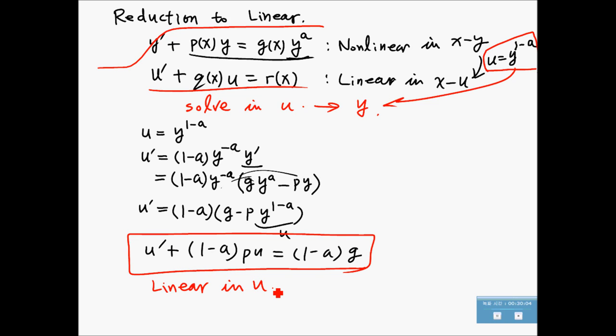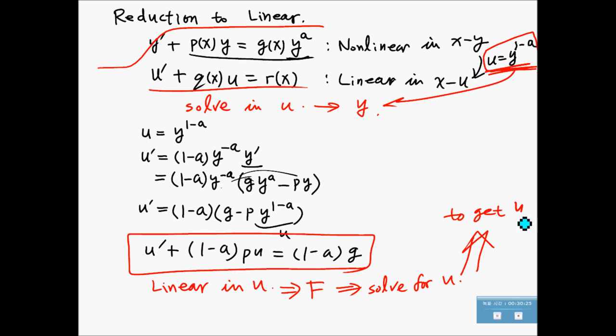And what do you do next? You get the integrating factor f, and you solve for u. And then once you get u, you use this relationship to get y. That's the whole process.